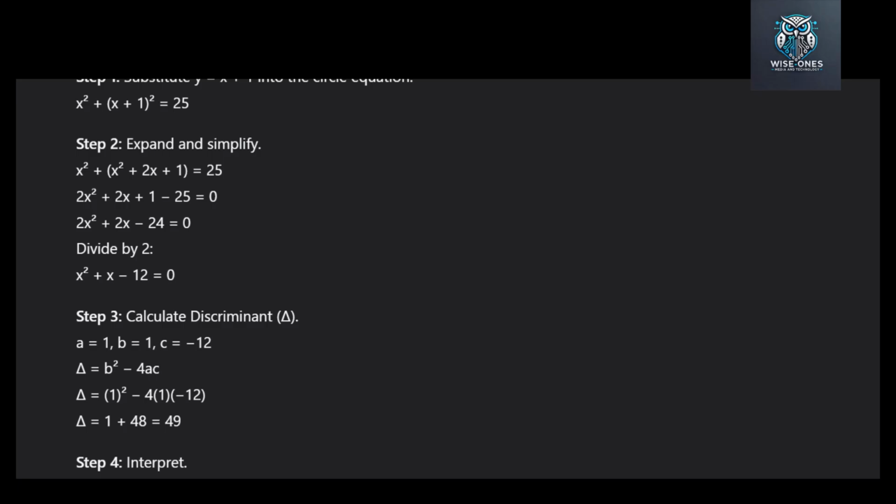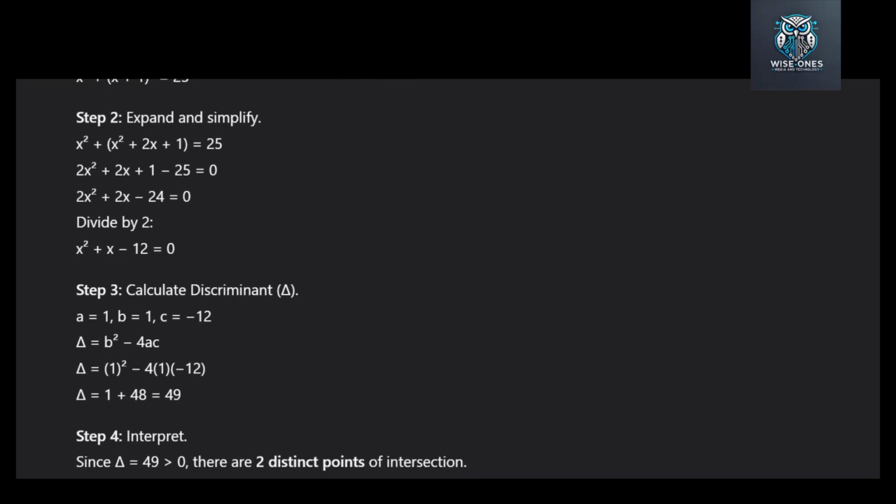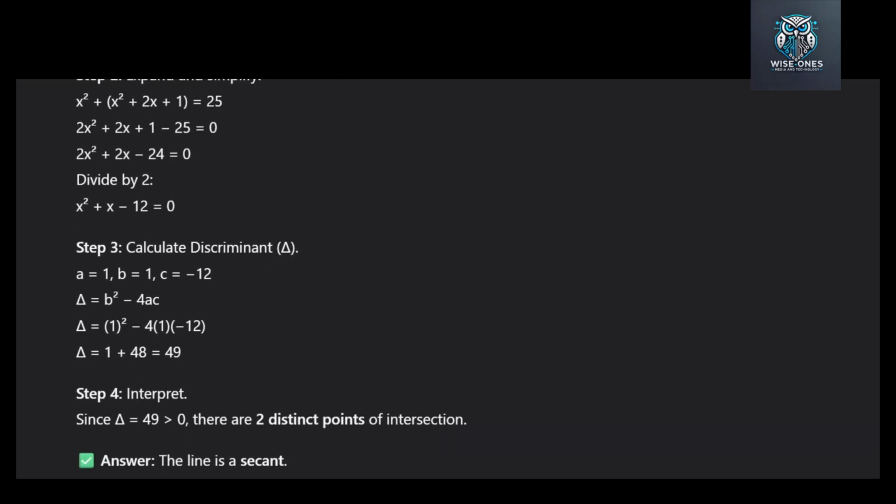Step 3. Calculate discriminant delta. Our equation is x squared plus x minus 12 equals 0. So a equals 1, b equals 1, c equals negative 12. Delta equals b squared minus 4ac.